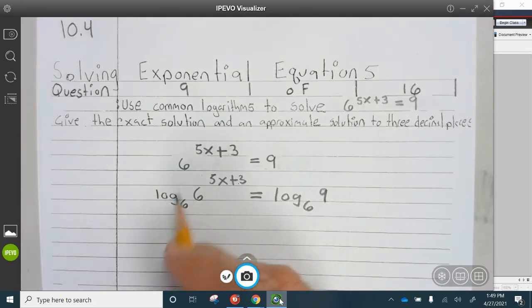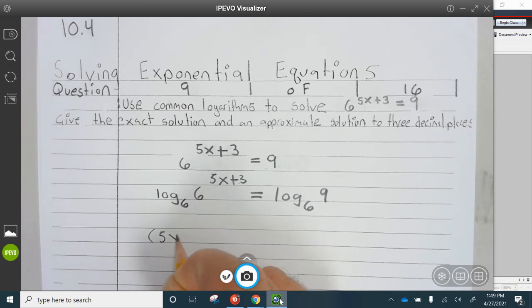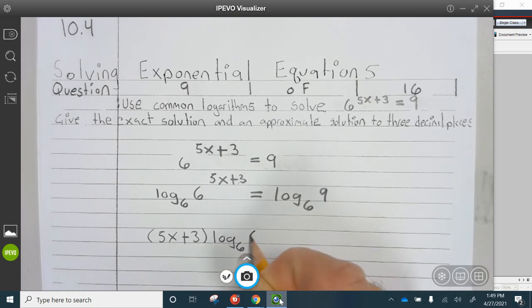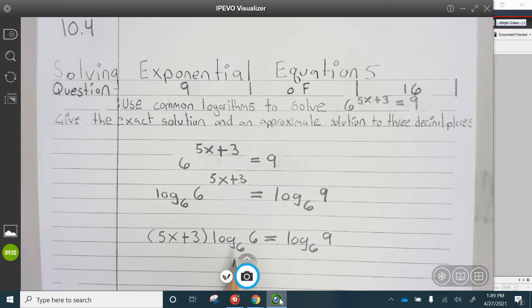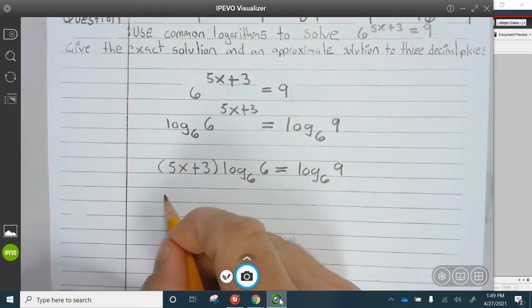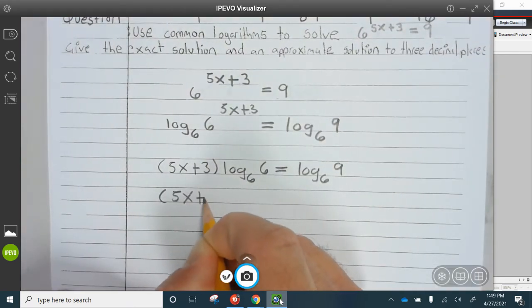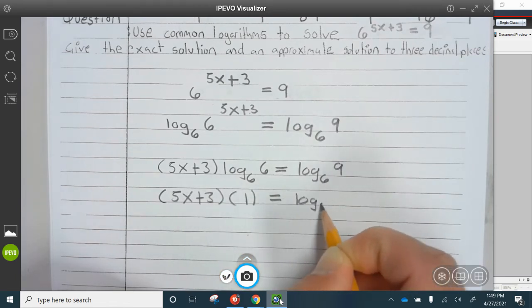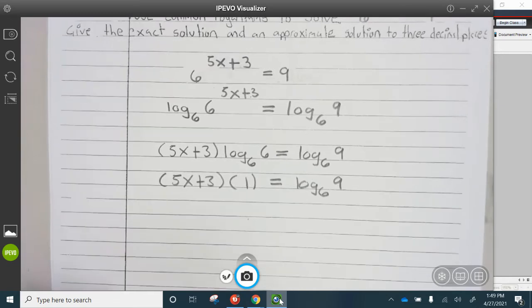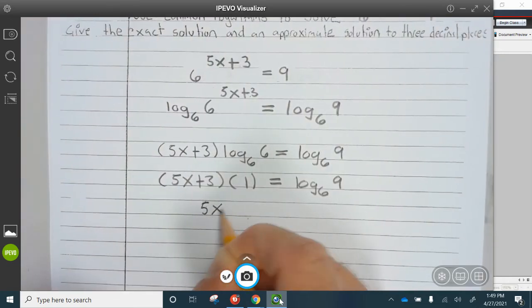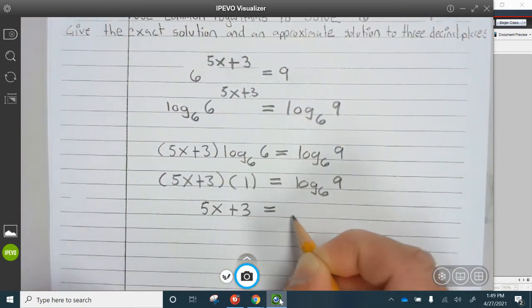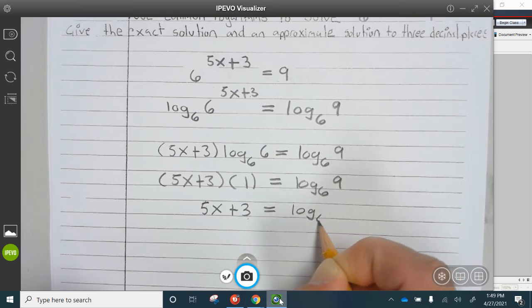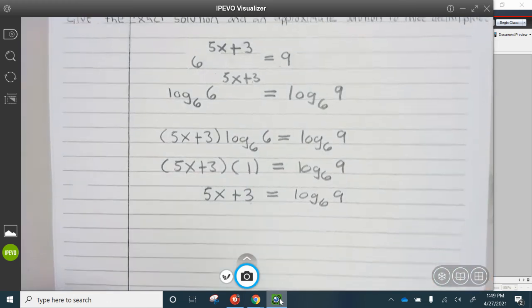Okay, this goes to the front, so then that's 5x plus 3 times log base 6 of 6 equals log base 6 of 9. This becomes 1, so then that's 5x plus 3 times 1 equals log base 6 of 9. So then we have 5x plus 3 equals log base 6 of 9.